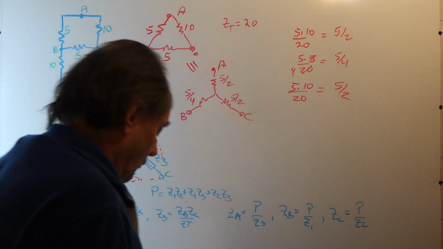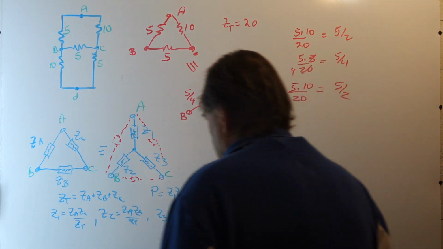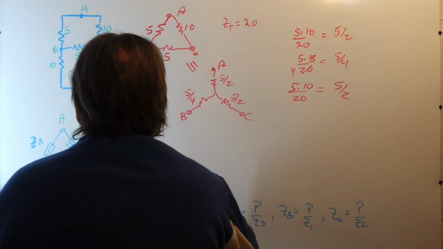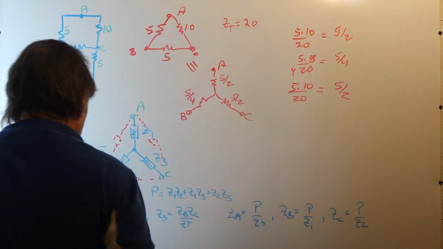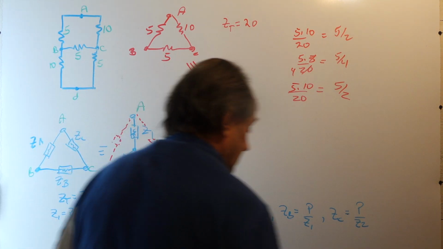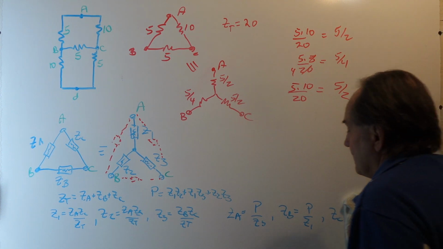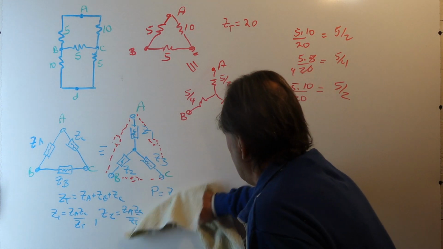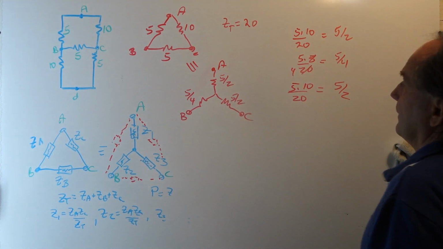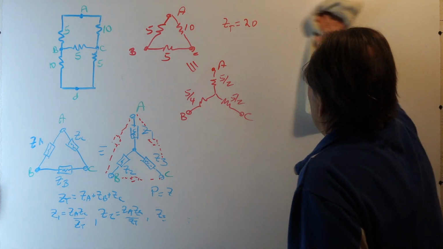Now, what we're going to do here is replace this portion of the network, which is a delta connection, and represent it as a Y. So, let's do that.